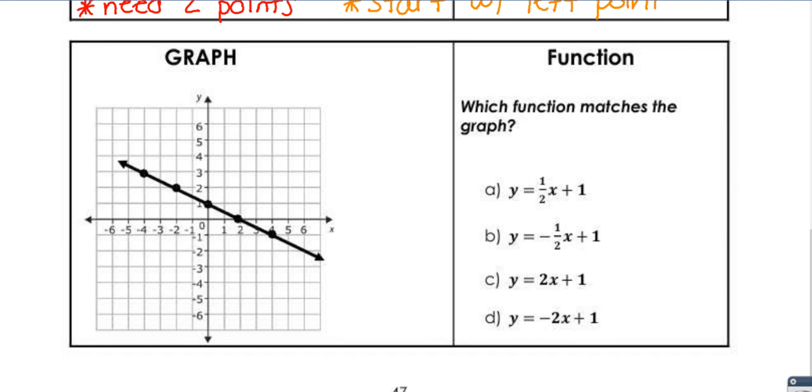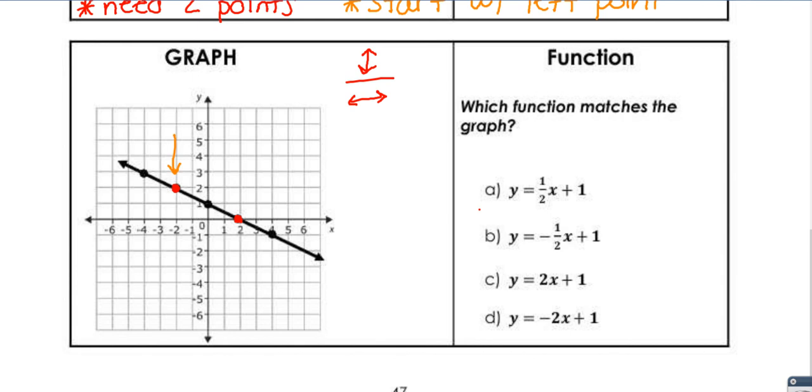Okay, same ideas apply, so we just need 2 points. So I'm going to take any 2 points. I'm going to use this one right here and this one right here. Remember that rise over run was up or down and left or right. It doesn't always have to be up. We start at the left point, which is right there.